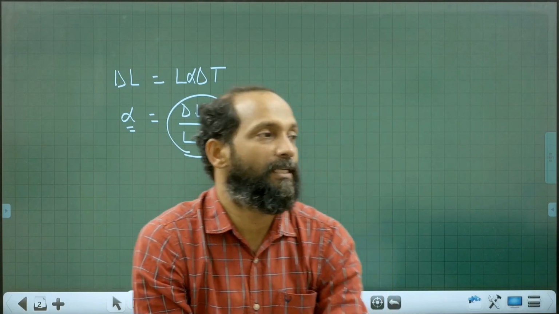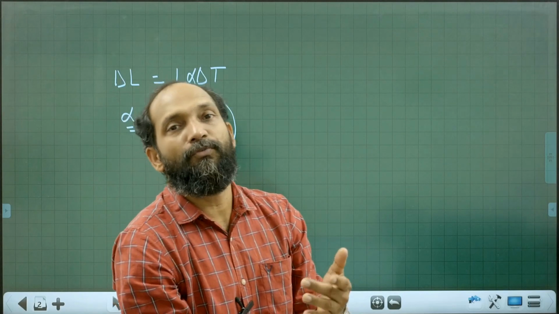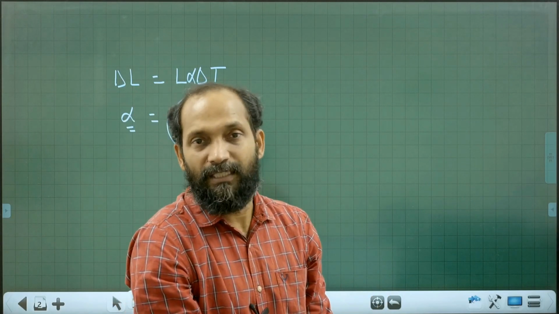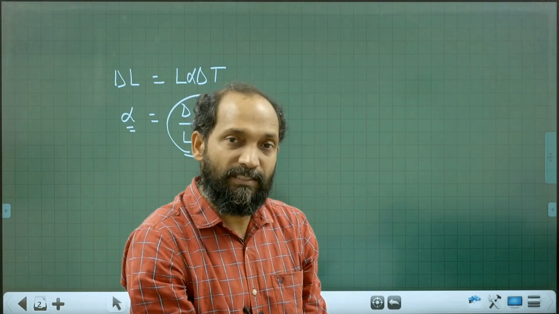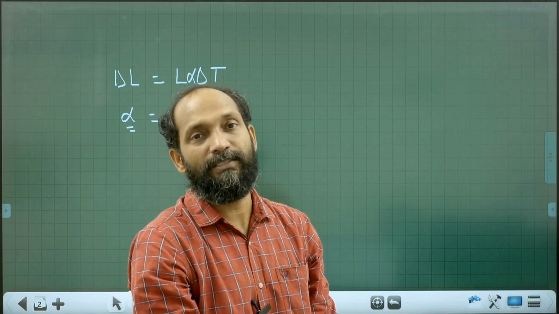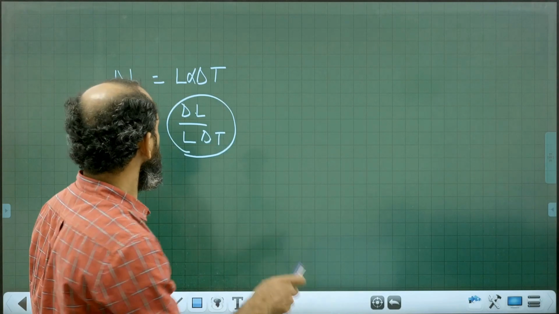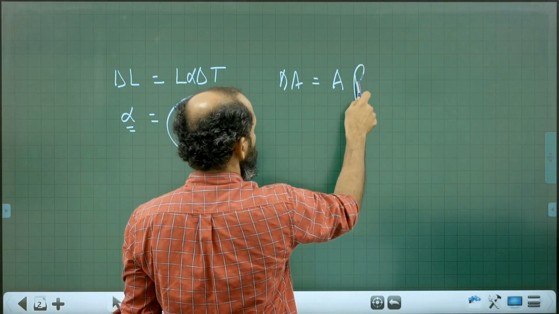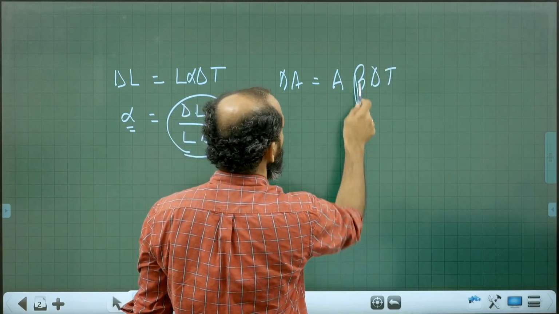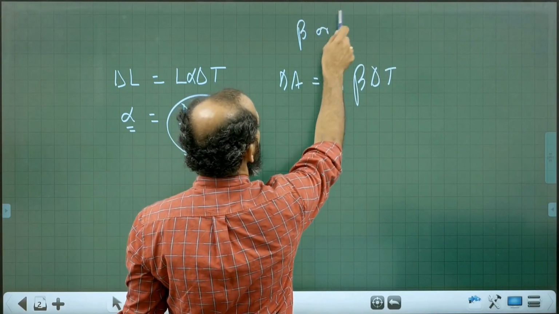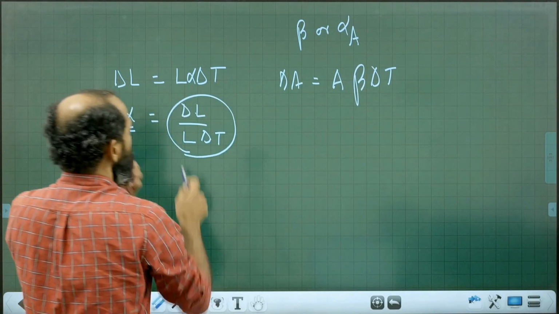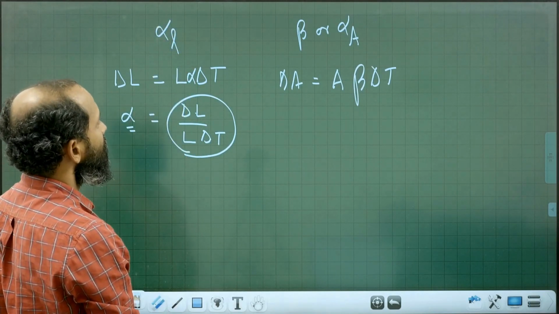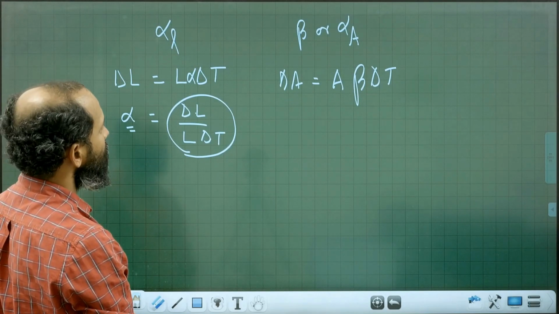Next one, if the solid is in the form of a sheet, it has length and breadth, that means it has area. Then it also expands, both lengthwise as well as breadthwise. So its area expands. Therefore, delta A equals A beta delta T, where beta is sometimes called alpha A, and alpha L is sometimes called alpha.